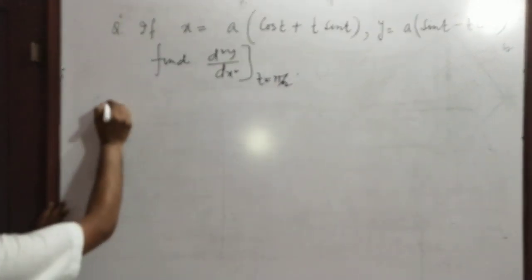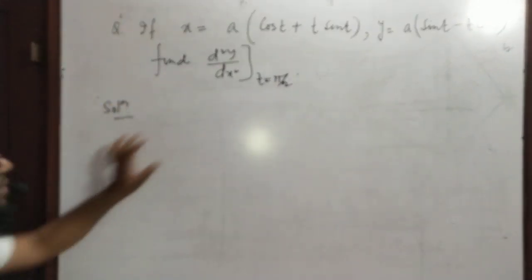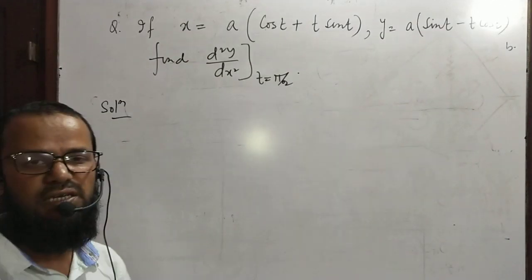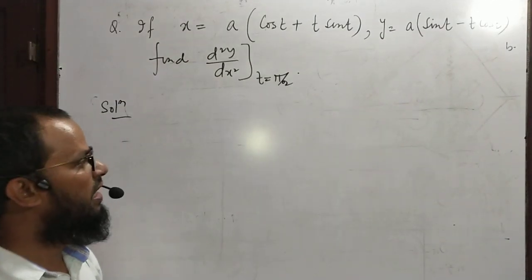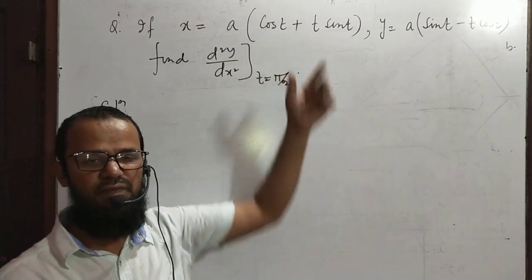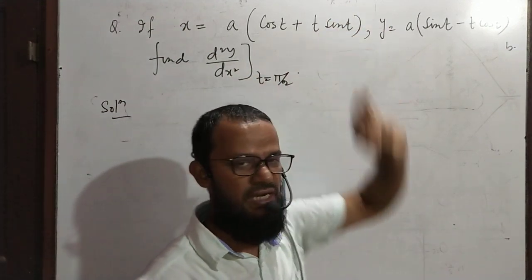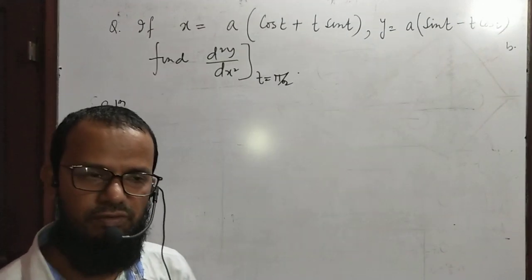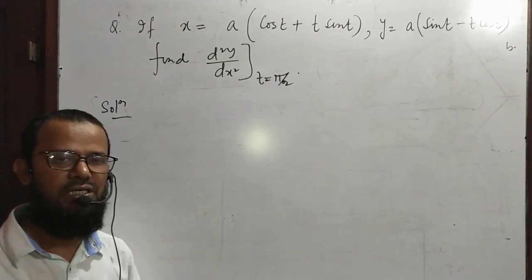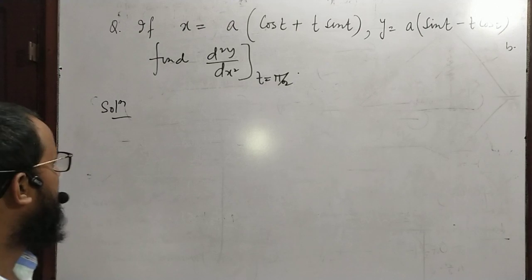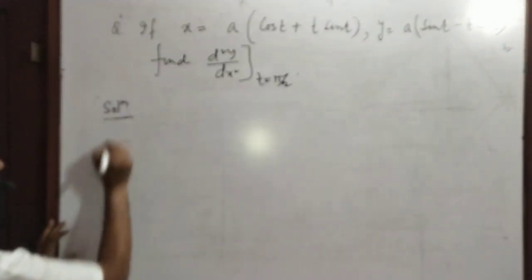Okay, so to find d2y upon dx2, you have to find first dy by dx, and to find dy by dx for parametric function, you know, you have to find first dx by dt, then you find dy by dt, and then use the formula dy by dx is equal to what, dy by dt divided by dx by dt. That formula you are going to apply.